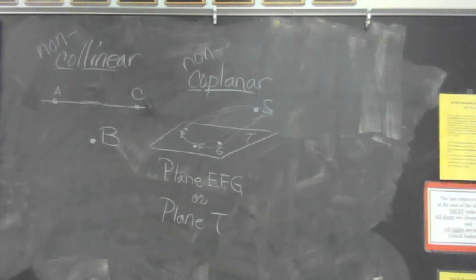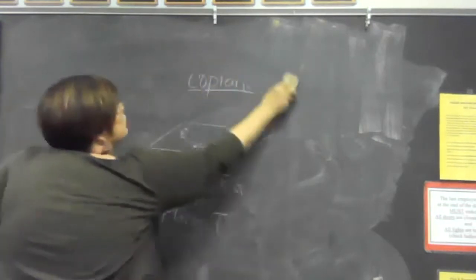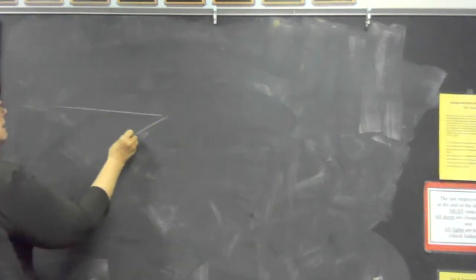Okay, so what we found here, I told you that when we're talking about a plane, that's that sheet of paper. And we know there's a lot of planes all over in space. So we could have a plane that looks like this.